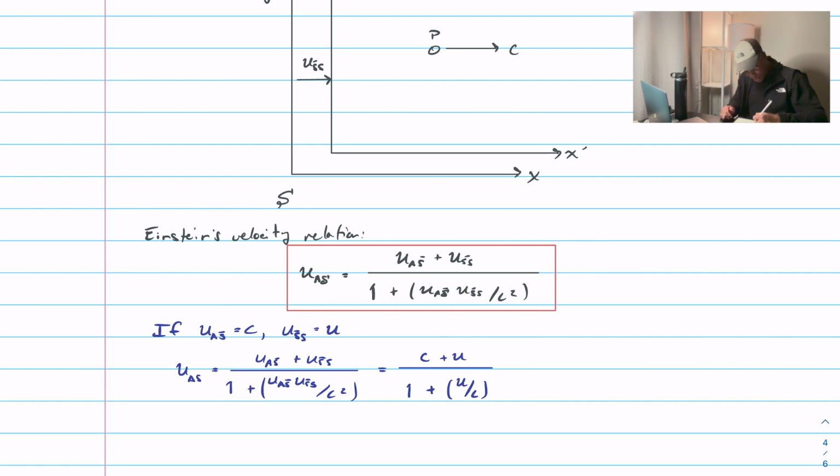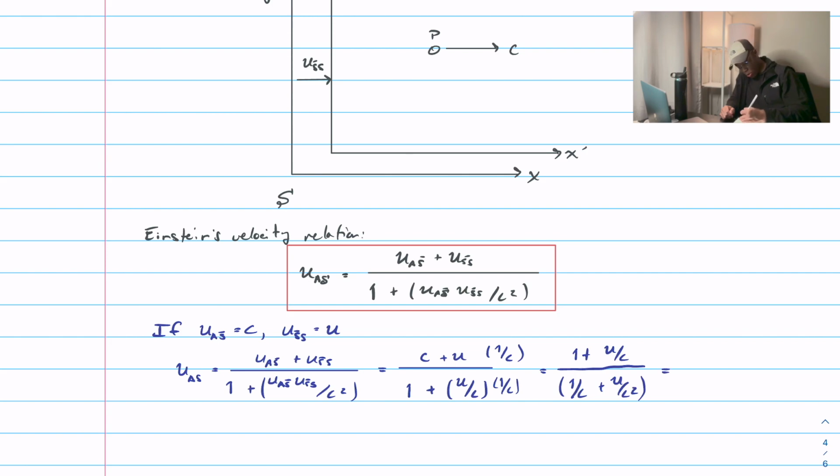But if we divide both sides by c, we get 1 over c plus u over c squared, and then 1 plus u over c. If we take a closer look at the numerator here, we notice that we have a common factor of 1 over c.